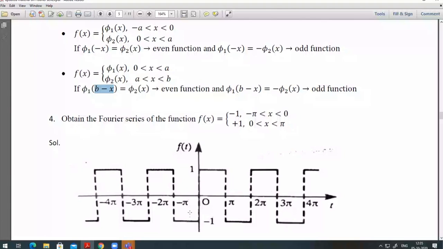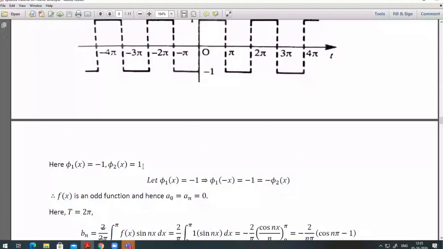So phi1 of minus x is minus 1, which is nothing but minus of phi2 of x.